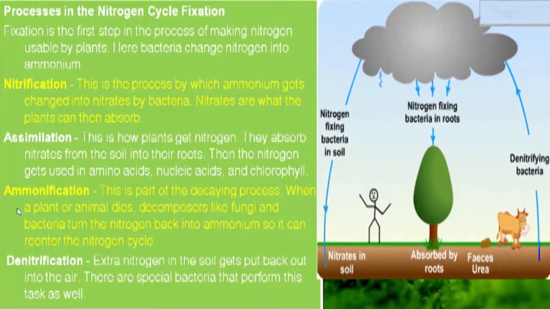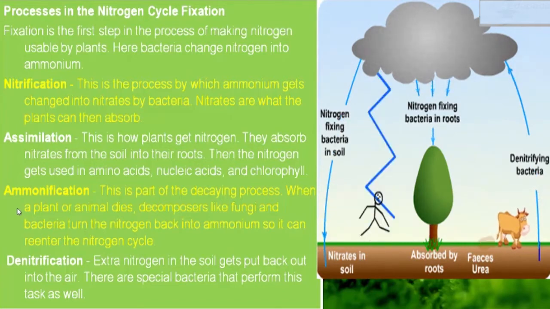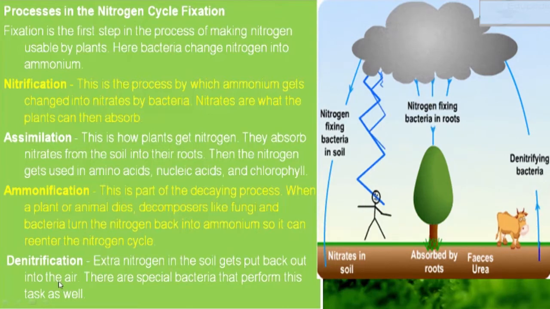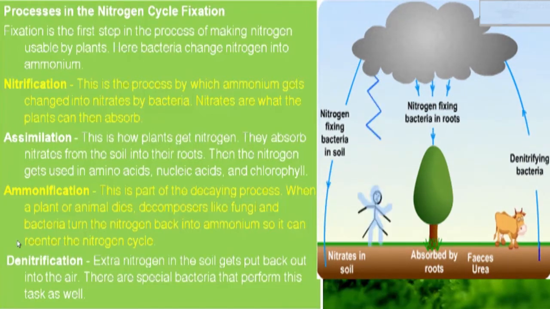When a plant or animal dies, decomposers like fungi and bacteria turn nitrogen back into ammonia, so that it can re-enter the nitrogen cycle again. Then comes denitrification. Extra nitrogen in the soil gets put back out into the air. There is a special bacteria which performs this task very well, and those bacteria are known as pseudomonas and thiobacillus.